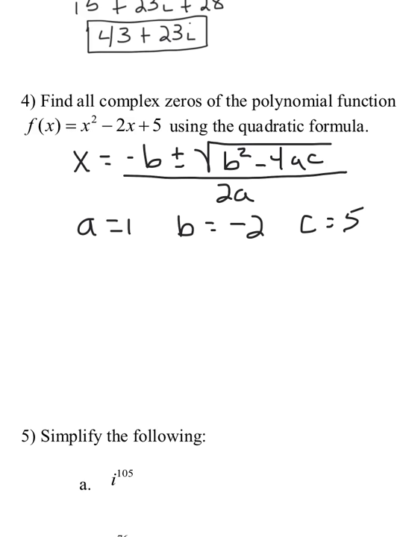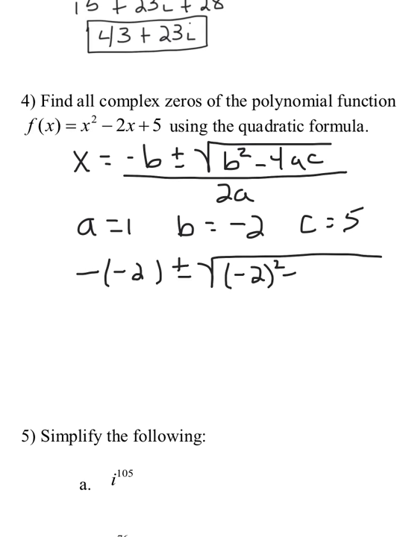So let's go ahead and write that. Negative, and then parentheses. Inside here we're going to put our -2. Plus or minus the square root of b squared. Now I can't just put -2 and square it here. I have to put the -2 in parentheses. If you don't do that, you're going to get the wrong number.